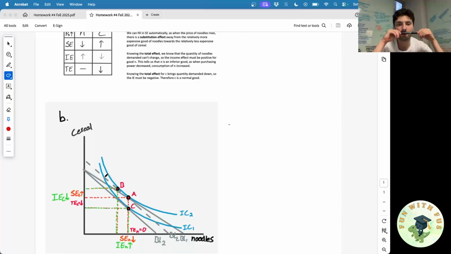The core takeaway of why we do this is that we can separate the two effects. The compensated budget line is what we use when we change the price of one of our goods and look at the effects and our total effect. What the compensated budget line does is simulate what would have been the case previously.